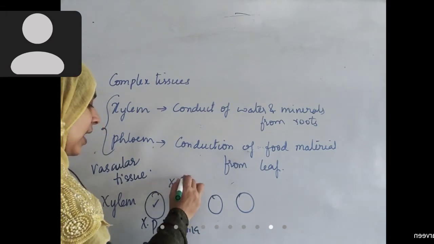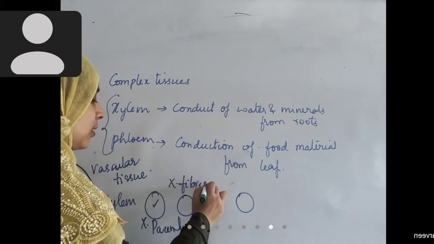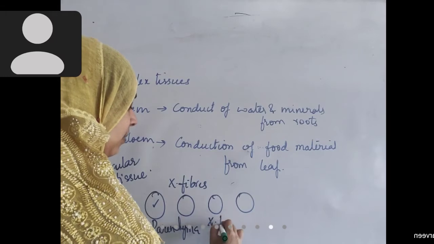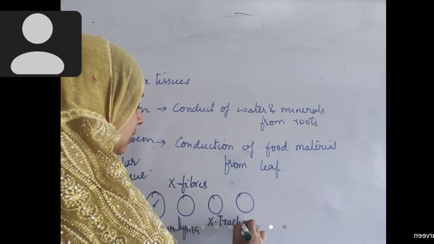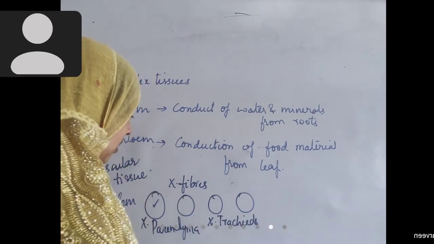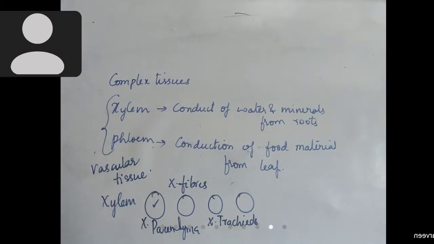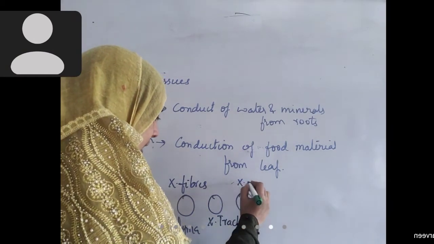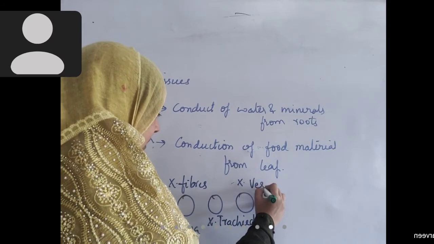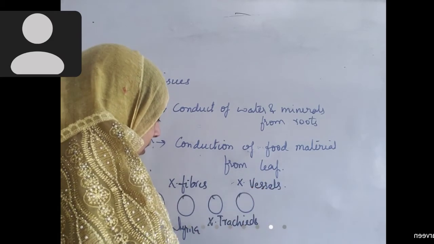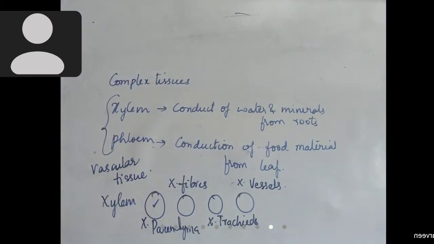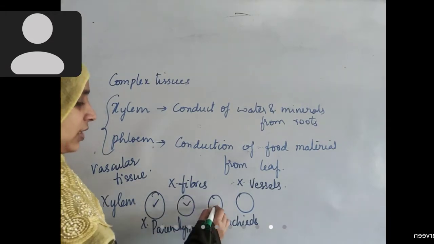The second set is xylem fibers. The third set is xylem tracheids. And the fourth set is xylem vessels. So these are the four sets of cells.